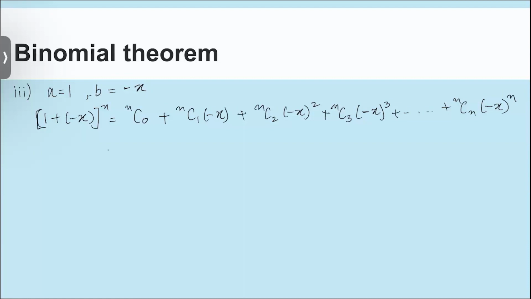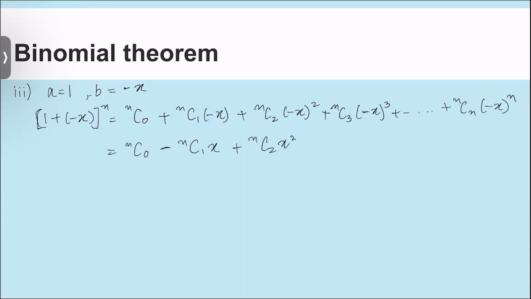Okay, so this again will come in the same form as we had seen when we were doing x plus y, where your a is x and your b is minus y. So now this will remain as nC0. Now the negative sign comes out, so we have minus nC1 x, and then minus x squared is x squared, so you have plus nC2 x squared.